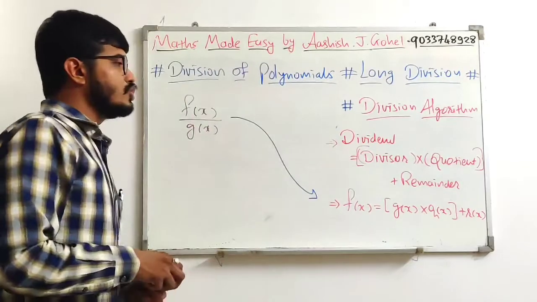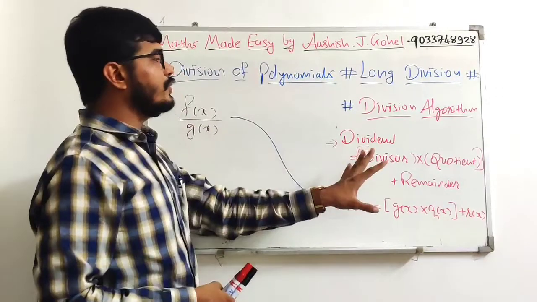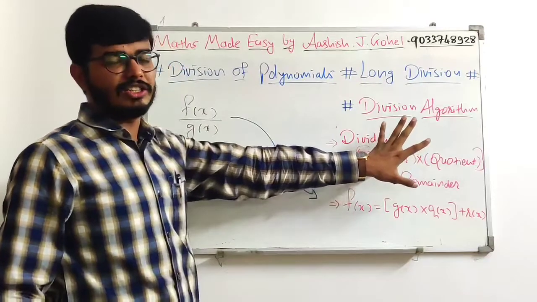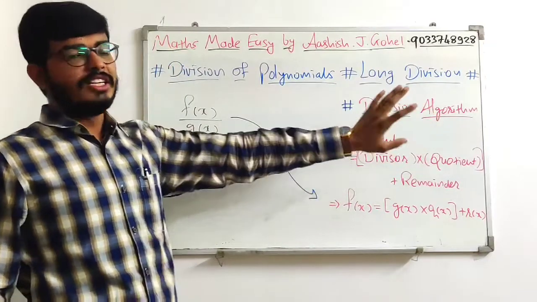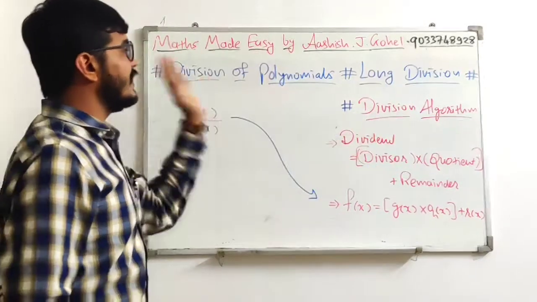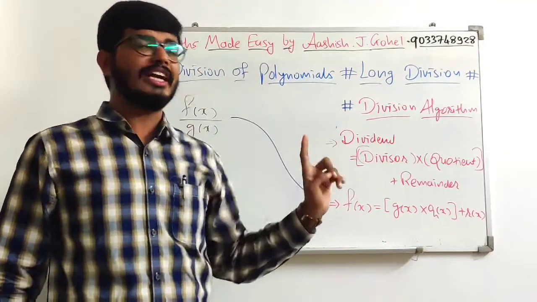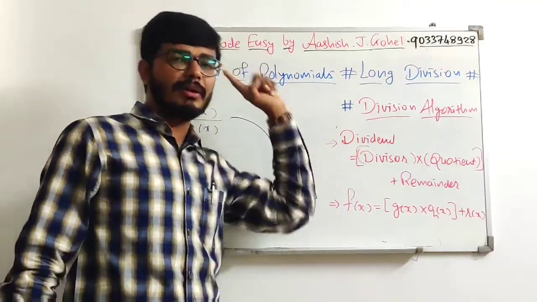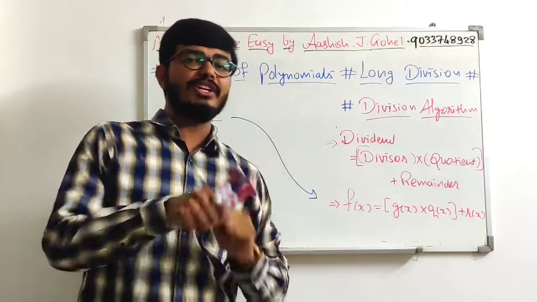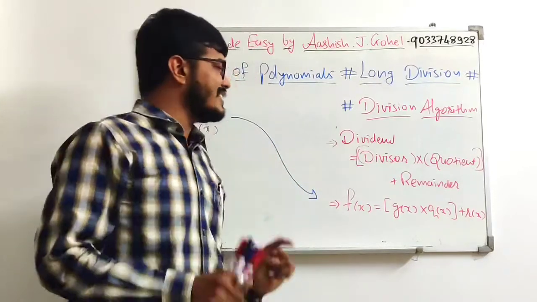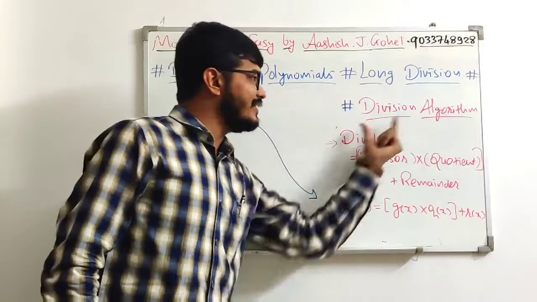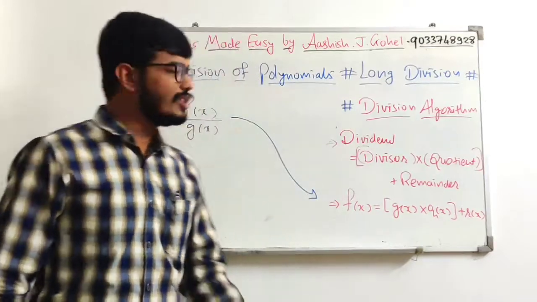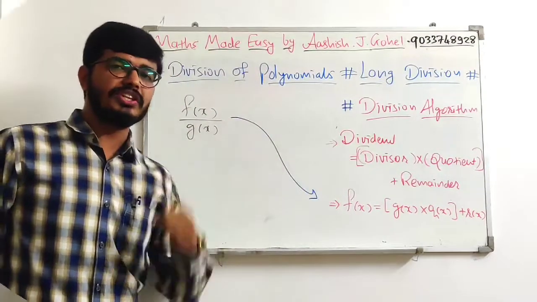So I hope all of you understood this division algorithm. Now we will solve the questions on division of polynomials, but for that you need to remember this formation, because after division we need to write the answer in this format only, that is the division algorithm. So note this down first and then we will solve the question.